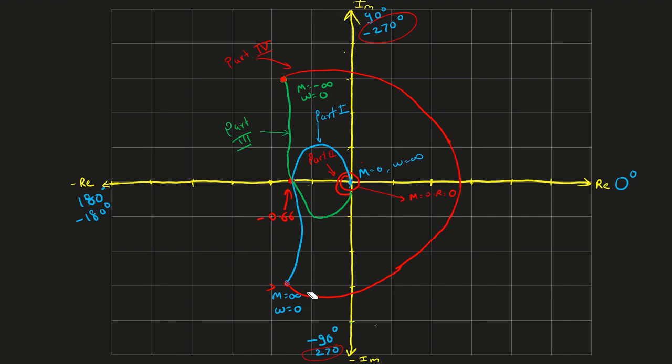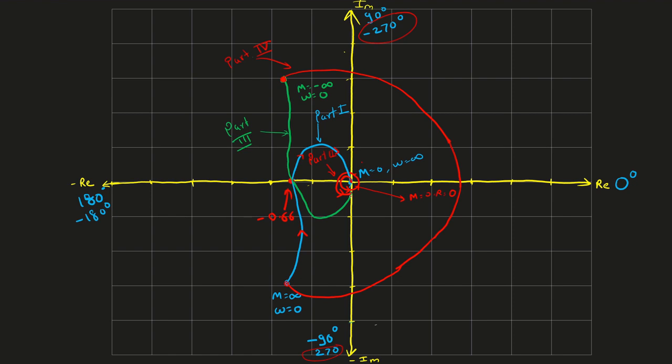This is the contour. So this is the Nyquist plot for the given problem. The direction is as follows. Part 1 is coming from plus 270 degrees, with magnitude infinity, and it is coming towards the origin at minus 270 degrees. So it ends up here. Then the second part is starting, an anti-clockwise semicircle going anti-clockwise from minus 270 to plus 270.